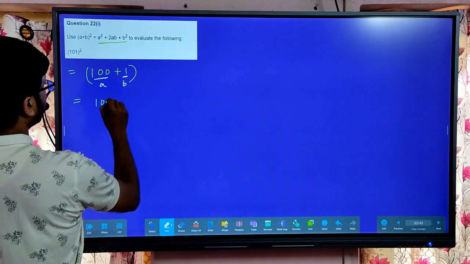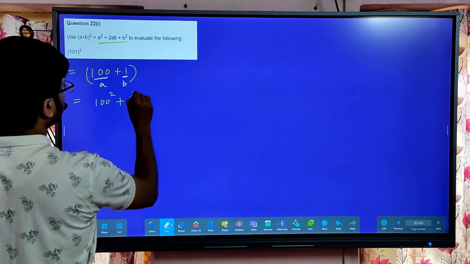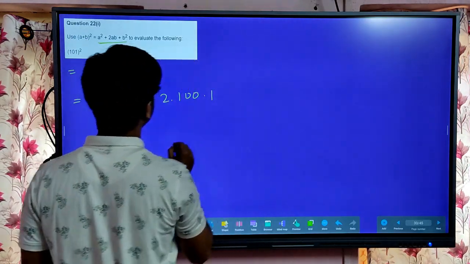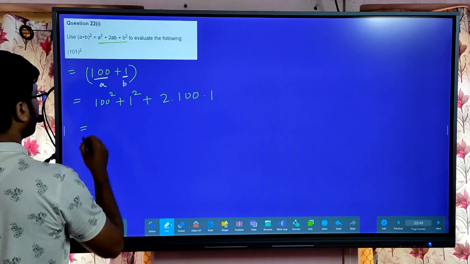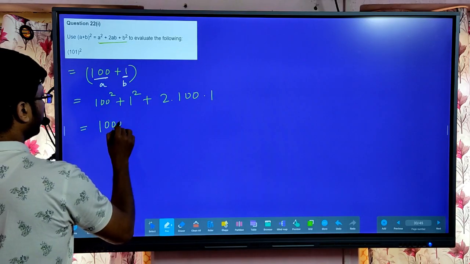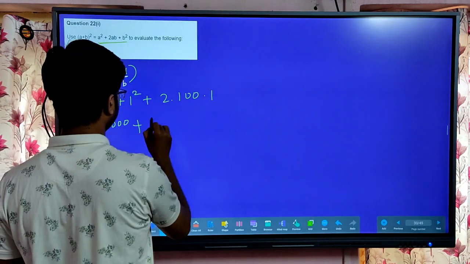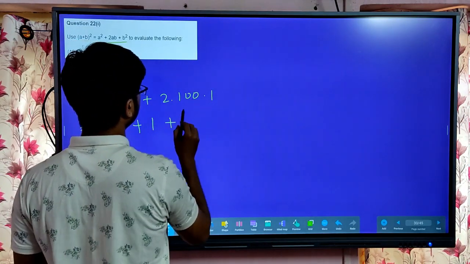It will be a square, 100 square, plus b square, 1 square, plus 2ab, 2 into 100 into 1. So it will be 100 square, that is 4 zeros, plus 1, plus this will be 200.